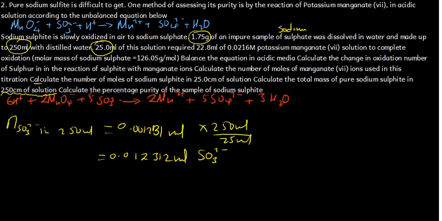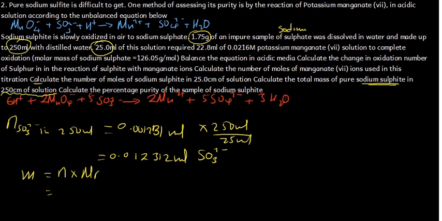Now, after finding this, we want to calculate the total mass, because we needed first to calculate the moles before we could find the mass. And how do we find the mass if we know the number of moles? Mass is actually given by number of moles times molar mass. Now the question is to calculate the total mass of pure sodium sulfite.